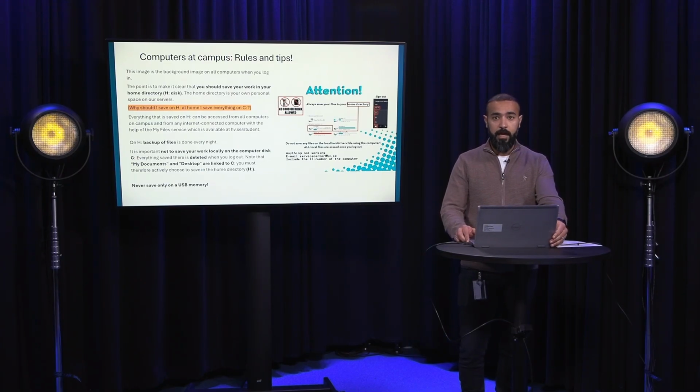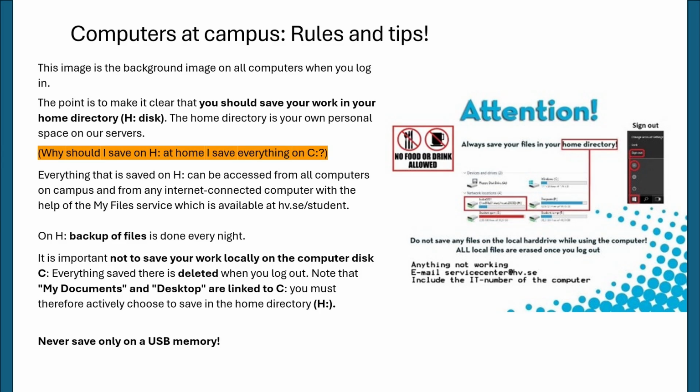On these computers at campus, it's very important to know that we have two disks: the local disk C and the H disk. It's very important that you save all your work on the H disk, because it can be accessed from all computers on campus and from any internet connection.